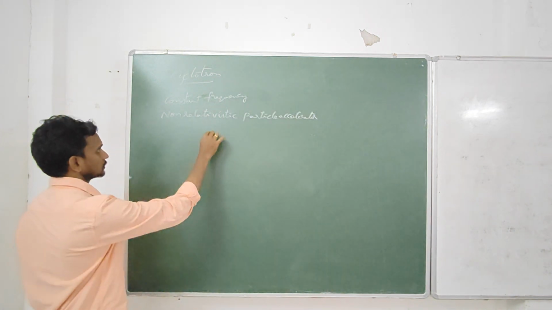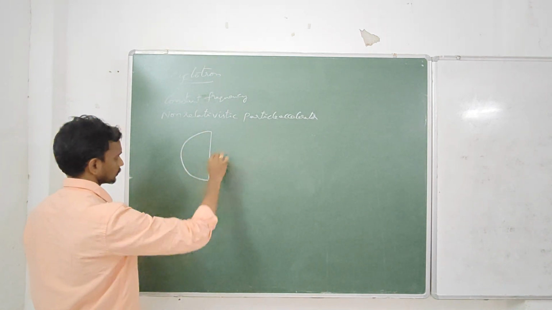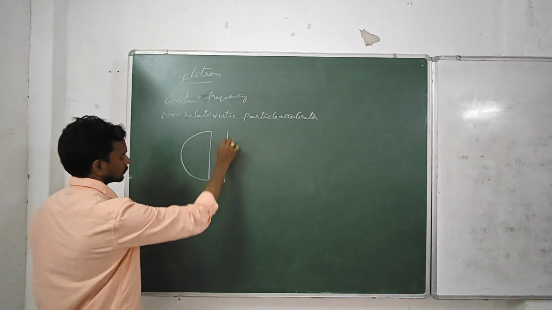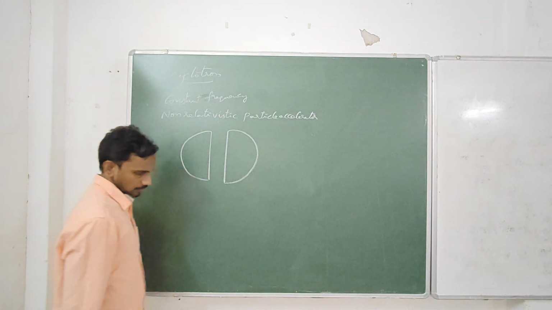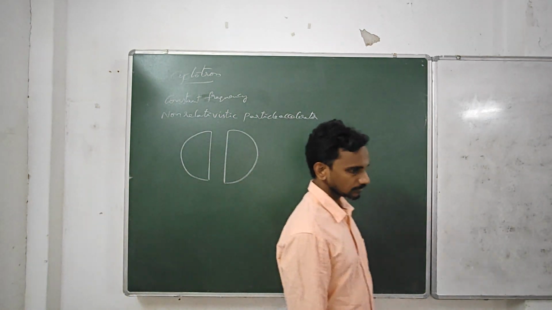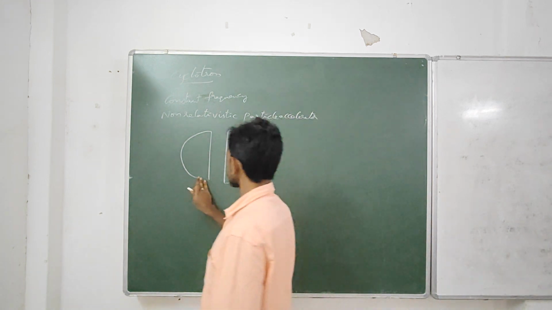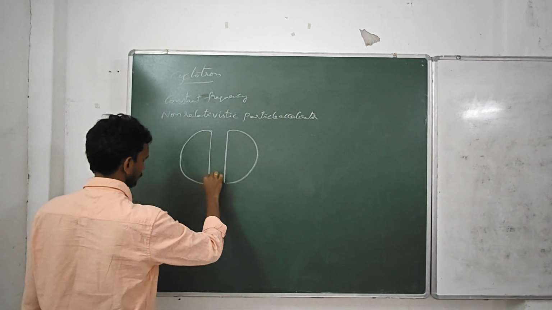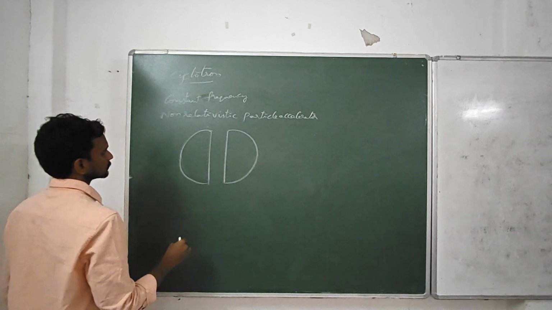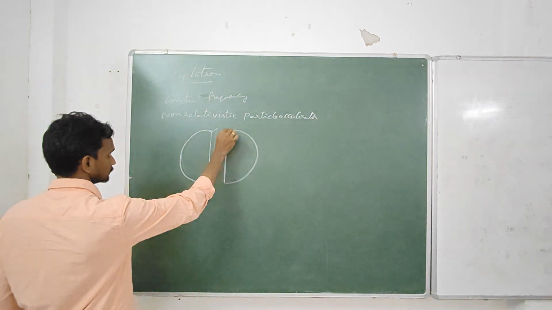So here we have two metal drums cut into D shape.